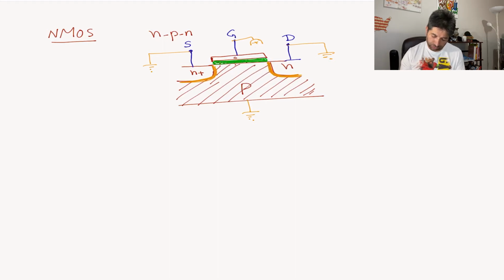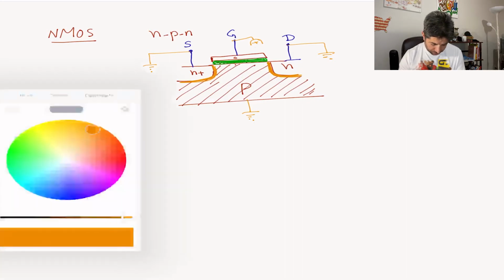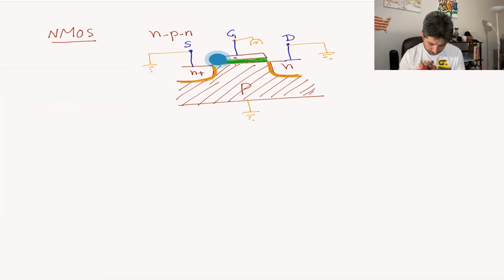Okay, so let's go back. Let's pick a different color now. All right, let's pick a blue. As a result of that, we have negative electrons.